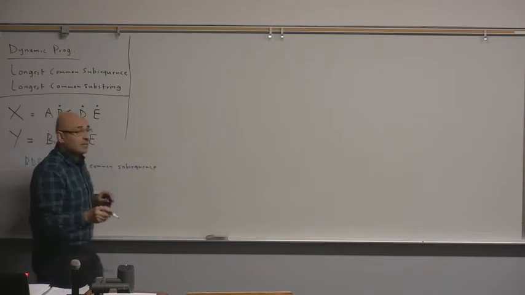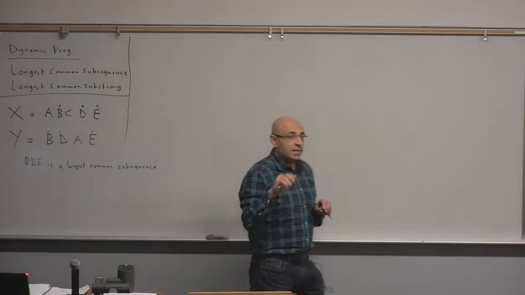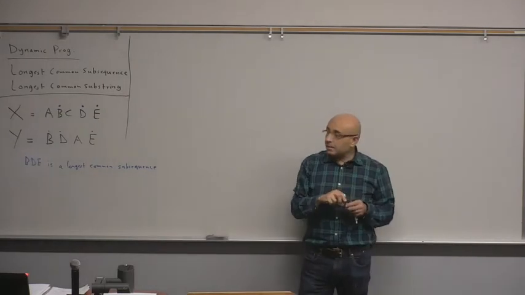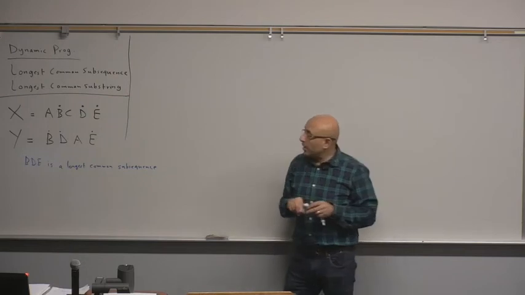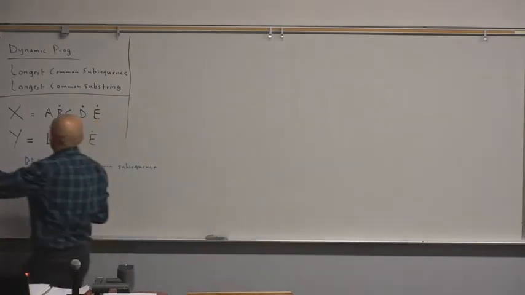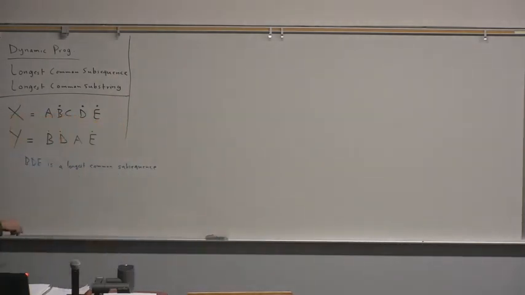So in a subsequence, we can skip characters. The sequence does not have to be contiguous, while the string has to be contiguous. So in this case, in fact, this could be a bad example. Do we have a common substring that is longer than one? No, I didn't think so.